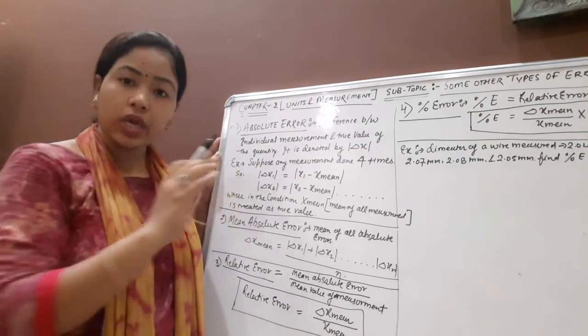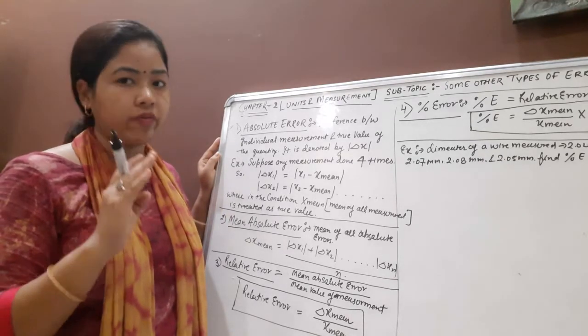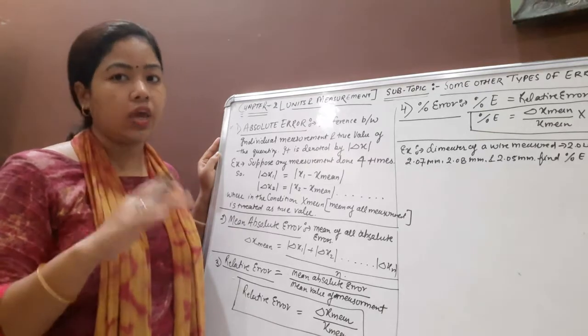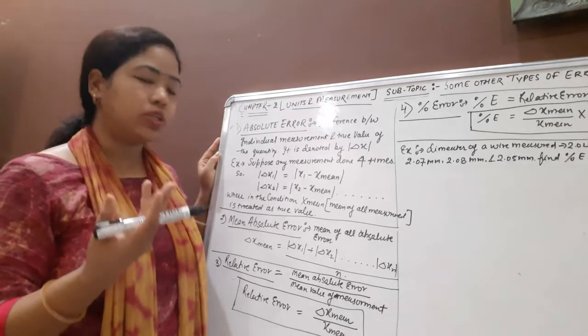Right? So if we measure any quantity 4 times, we will get 4 absolute errors. If we measure any quantity 3 times, we will get 3 absolute errors.